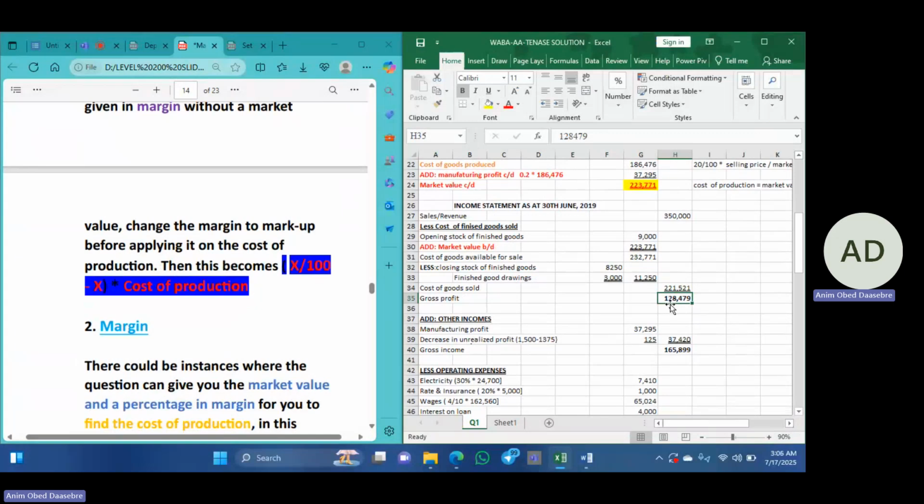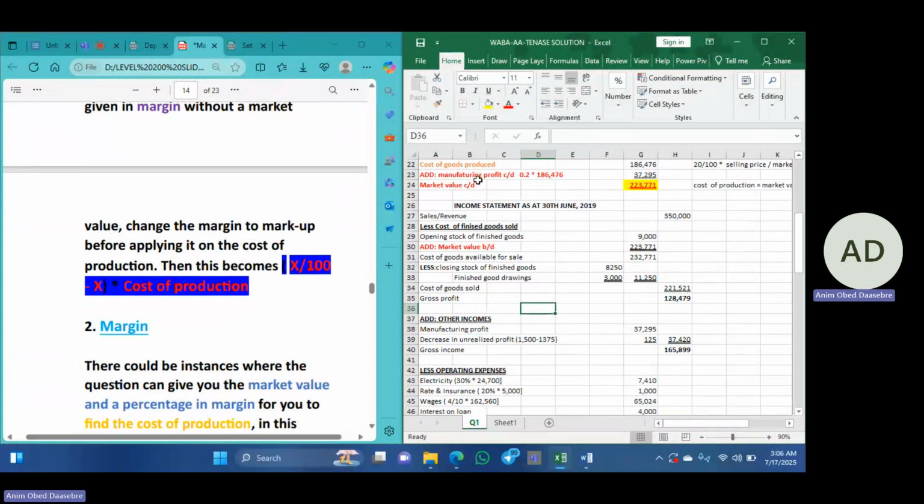Then you consider any other incomes coming into the business. So as usual, you bring your manufacturing profits, calculated from the manufacturing or production department. You bring it here, you transfer it.